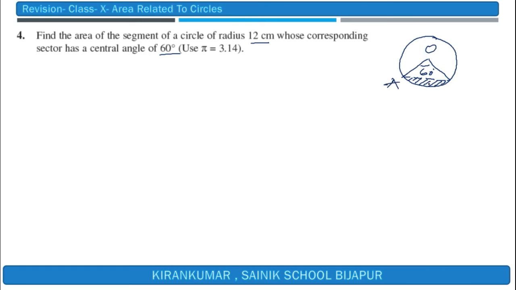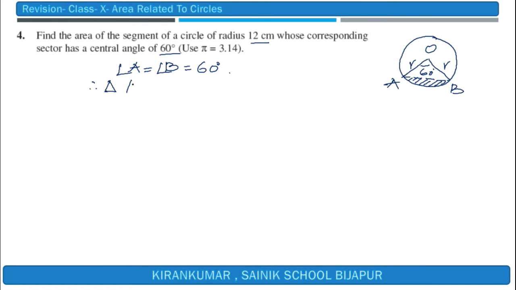Let me name this as AB. r be the radius, which is 12 centimeter. Here, since the angle is 60 degree over here, in the isosceles triangle the remaining two angles are equal. So angle A will be equal to angle B, and this will be equal to 60 degrees. So it forms an equilateral triangle.